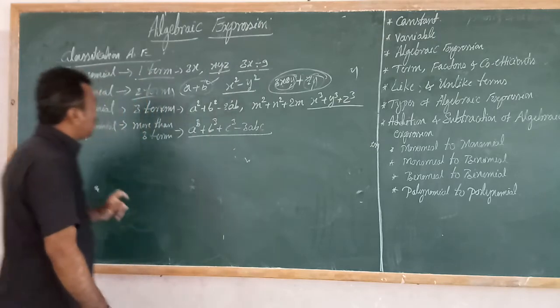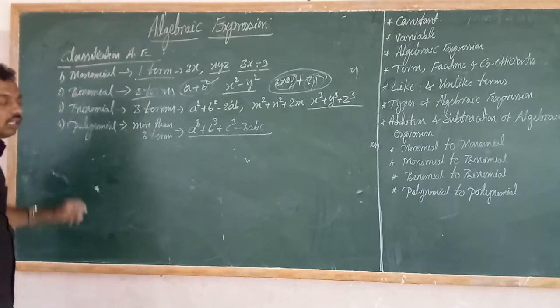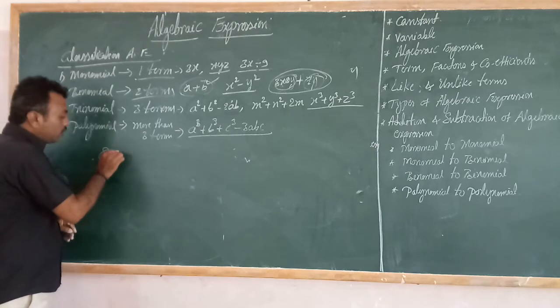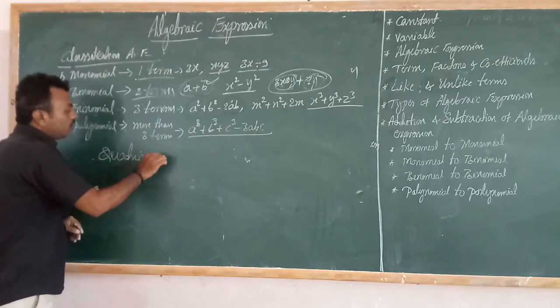Okay, students, one term is monomial, two terms is binomial, three terms is trinomial, four terms, what do we call it? Do you know? If there are four terms, we call it quadrinomial.